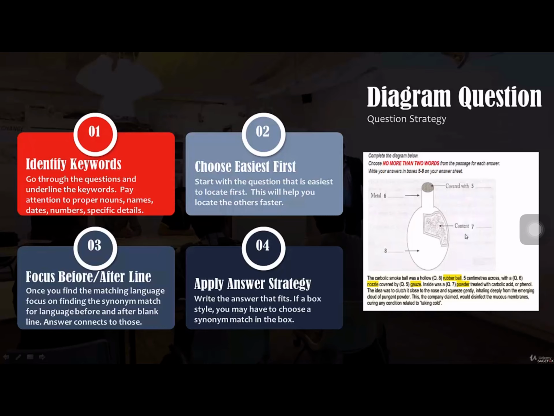Of course, on a diagram, you want to choose the part of the diagram that's easiest to find the answer for first. In terms of the scanning part, like I said, normally it doesn't involve a lot of scanning because they're going to describe the diagram normally in just one paragraph, two maximum.